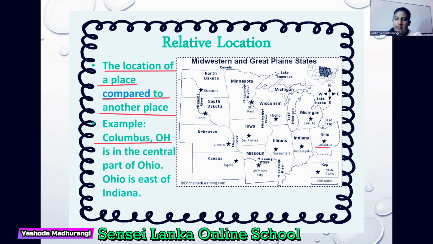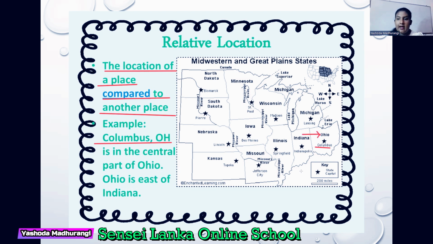I underlined it. It is located in this Ohio state. It is in the central part of Ohio. So where is Ohio? Ohio is east of Indiana. It is located to the east of Indiana.